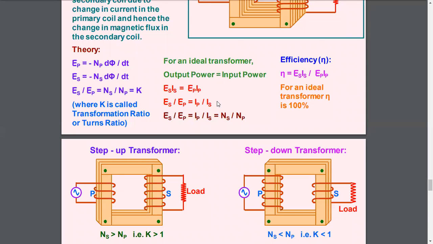So far we have discussed that the transformation ratio is just equal to the ratio of induced EMF in the secondary coil to that in the primary coil, and is also equal to the ratio of number of turns in the secondary coil to that in the primary coil. But in the case of current, it is just equal to the ratio of current in the primary coil to that in the secondary coil. So we have got this expression as turn ratio or transformation ratio.